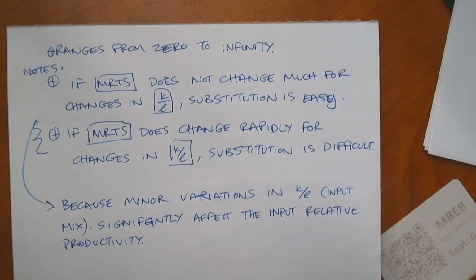So how you're changing your capital to labor mix is going to have an effect on the productivity ratio, which is effectively the rate of technical substitution. So that's the whole point. I mean, the elasticity of substitution tries to capture what is happening on this level.